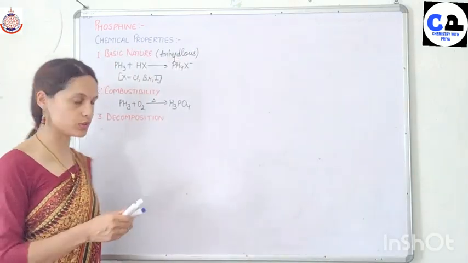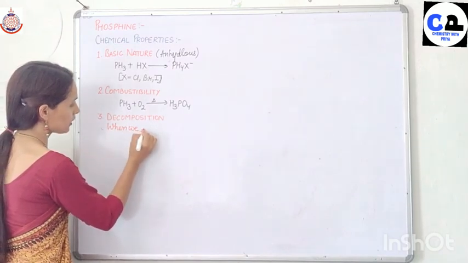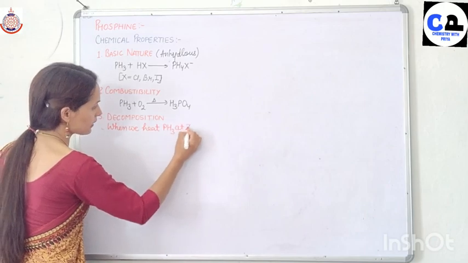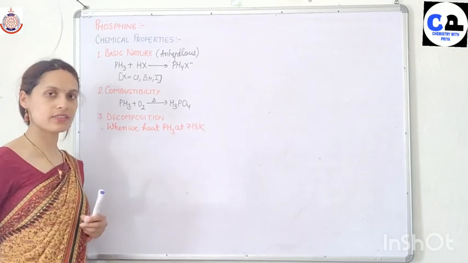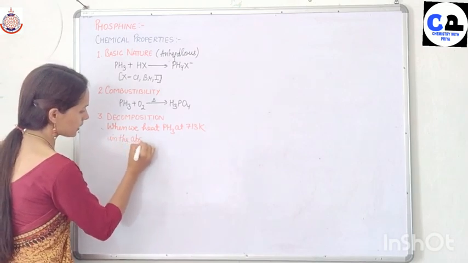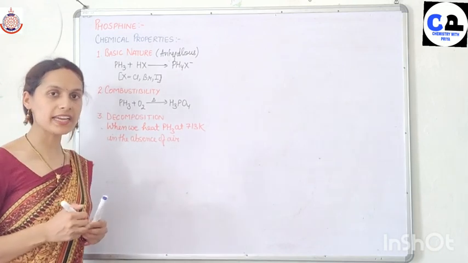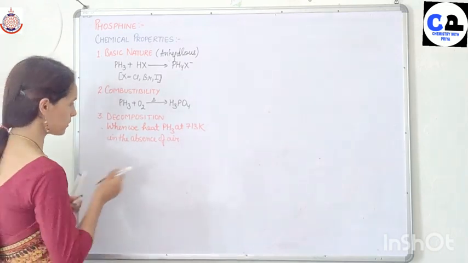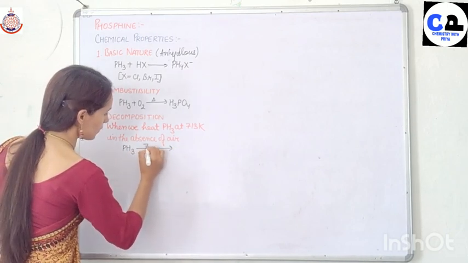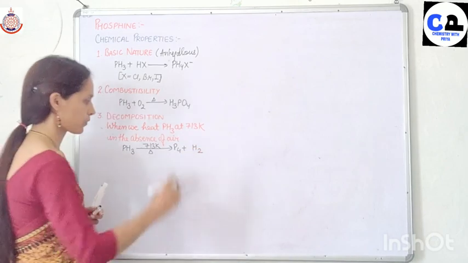It undergoes decomposition. So when we heat PH3 at 713 Kelvin in the absence of air, it gives P4 and H2.